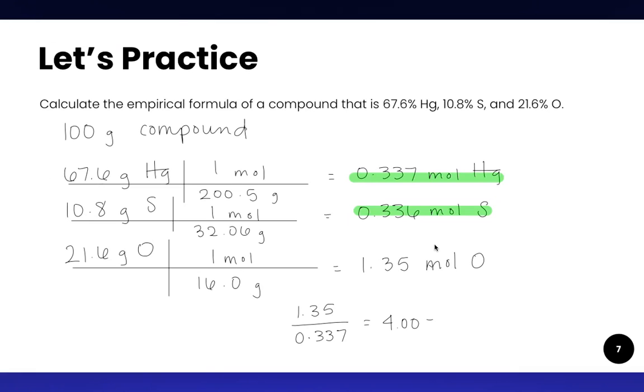That gives 4.005. So the ratio of oxygen is 4, meaning that our empirical formula is HgSO4.